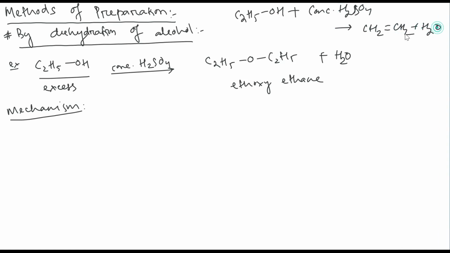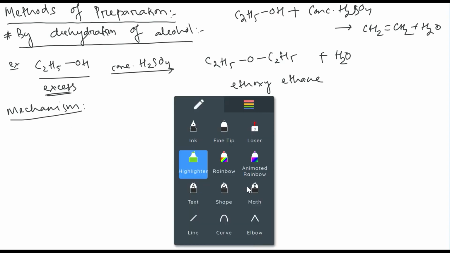This is dehydration of alcohol. Instead, if we use excess of alcohol in presence of concentrated H2SO4, this forms ether. So there is a different mechanism. Let's see the mechanism of formation of ether.